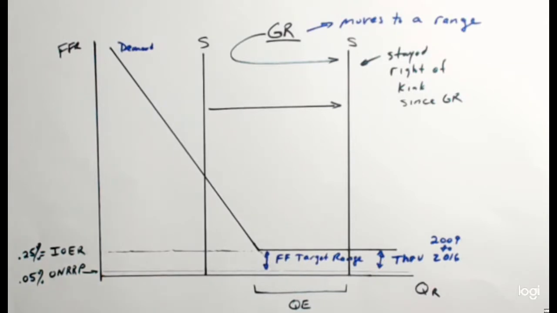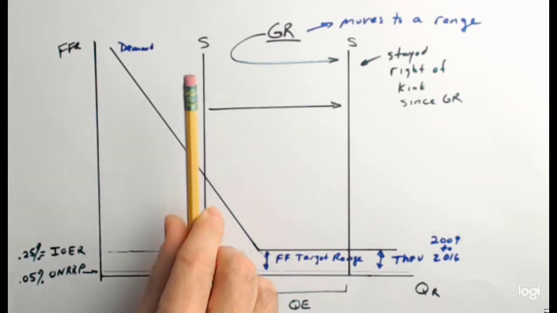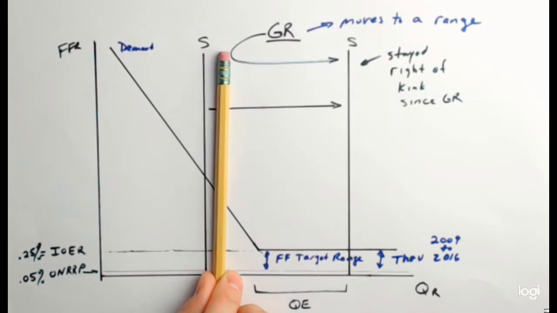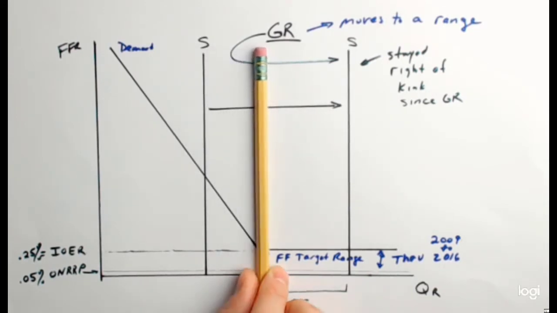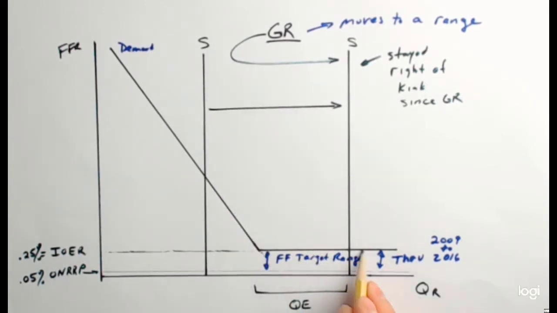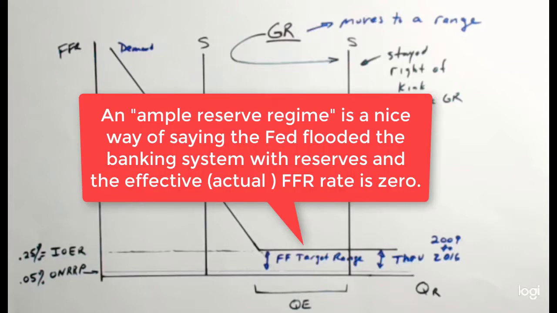The Fed wanted the banks to hold reserves and actually paid them to do that. As you can imagine, if interest rates are coming down and this supply curve is moving out, you end up on this flat part of the demand curve. When reserves have shifted far to the right and we're in the flat spot of that demand curve, it's sometimes referred to as an ample reserve regime.